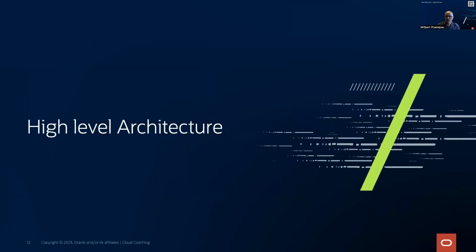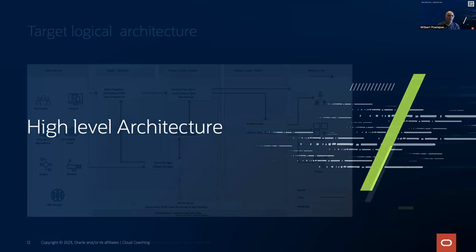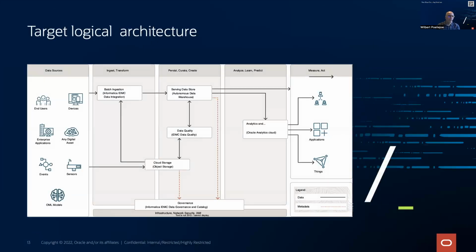Next, we'll look into the high-level architecture. First, have a look at the logical architecture, where on the left-hand side we have our data sources. They can stay where they were. We will use the IDMC data integration part from the IDMC suite as the integration from sources into the Autonomous Data Warehouse. That same data integration could also be used to load data from cloud storage, from Oracle Object Storage for instance, into the Autonomous Data Warehouse.